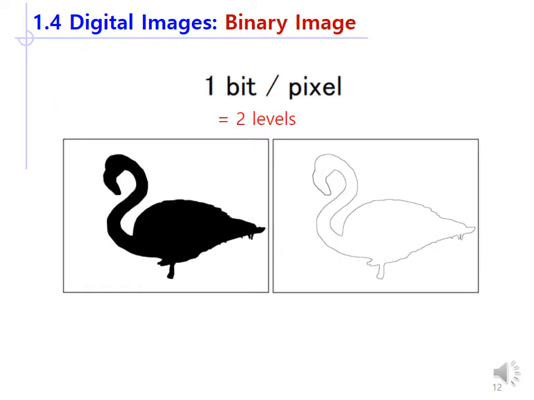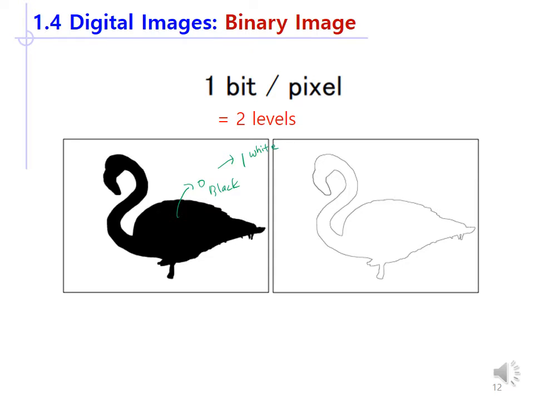This picture shows the binary image. Every pixel has a 0 or 1. Here is 0, here is 1. Black or white. The 0 is black, white is 1.